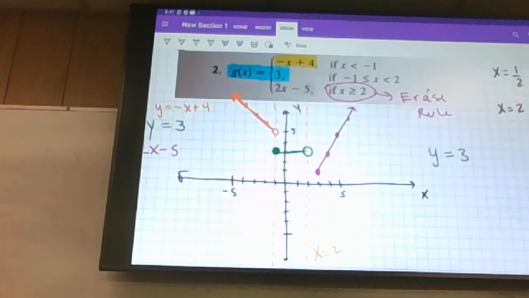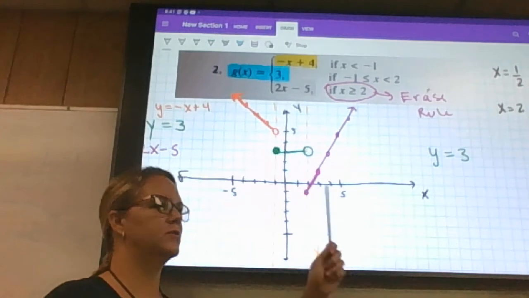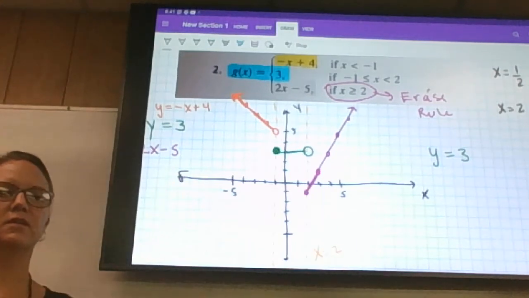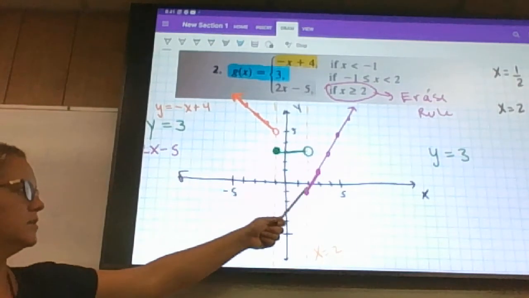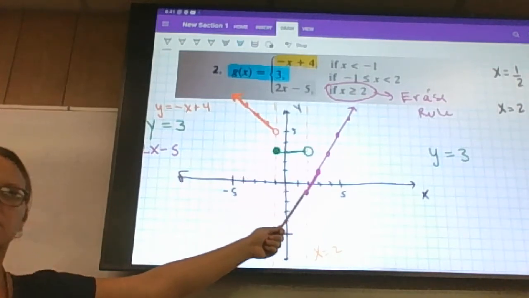That's 3. It's down here at -1. I don't know which one of y'all had that. Take a look at your end point is at the point 2, -1.